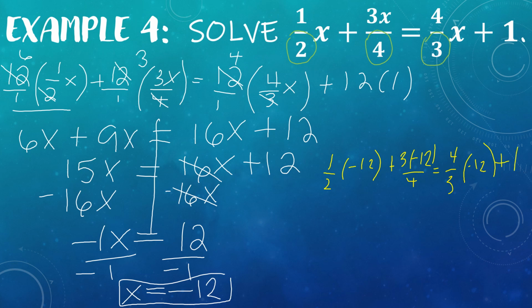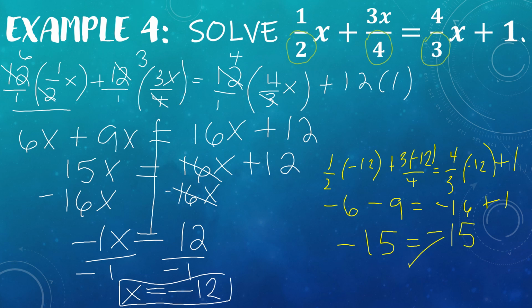So 1/2 times negative 12 is negative 12 over 2, or negative 6. 3 times negative 12 is negative 36, and negative 36 divided by 4 is negative 9. 4 times negative 12 is negative 48, and negative 48 divided by 3 is negative 16, and then plus 1. So negative 6 minus 9 is negative 15, and negative 16 plus 1 is negative 15.